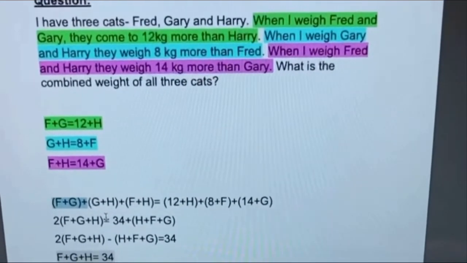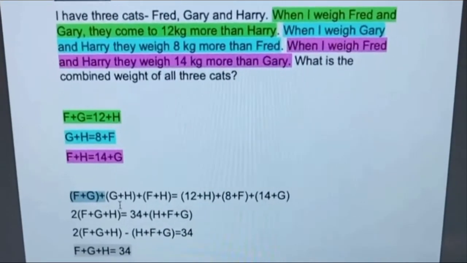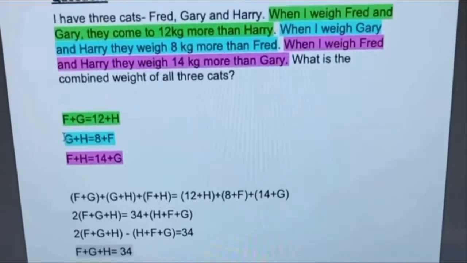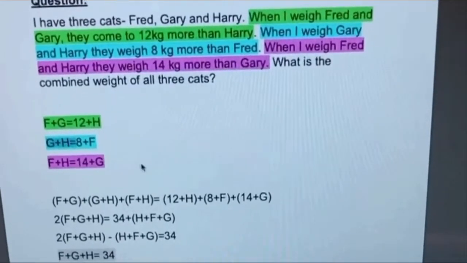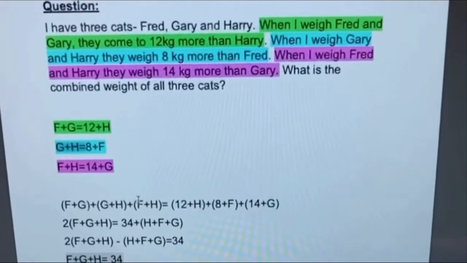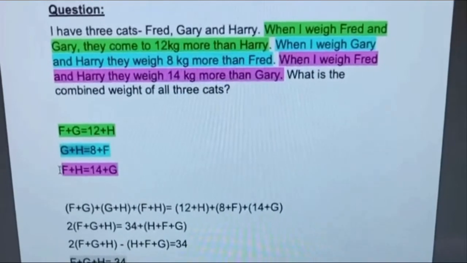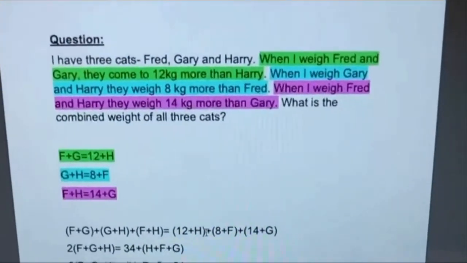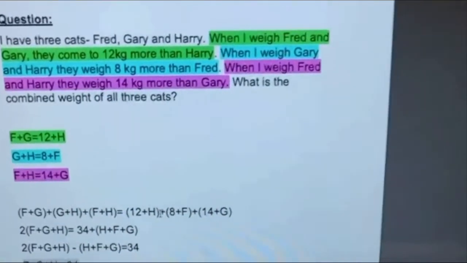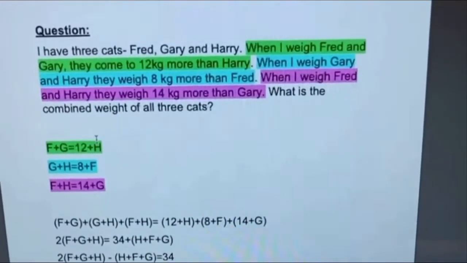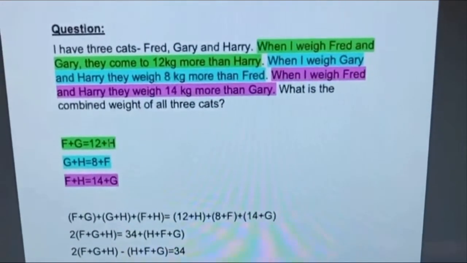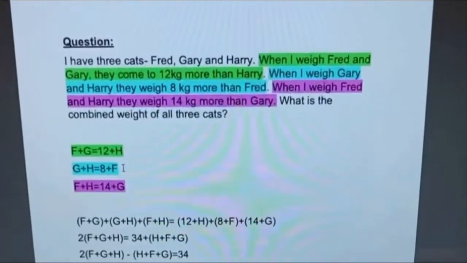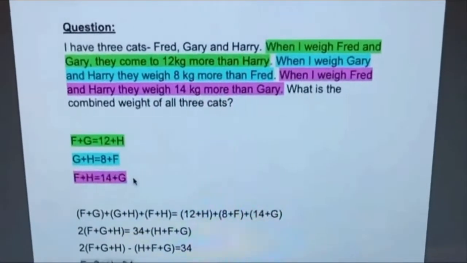It's from the first equation, F plus G, plus G plus H from the second equation here, and plus F plus H from the third equation, and equals to 12 plus H from the first equation, 8 plus F from the second equation here, and finally 14 plus G from the third equation.